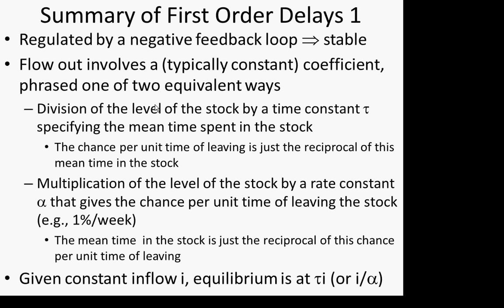So you multiply persons per month times months, the time constant tau, and you get persons. Alternatively, if you have a rate constant alpha, chance per unit time of leaving this stock, you have the inflow, which is of units persons per month, divided by something that's of units 1 over months, and so you get persons. It's beautiful. It's consistent.